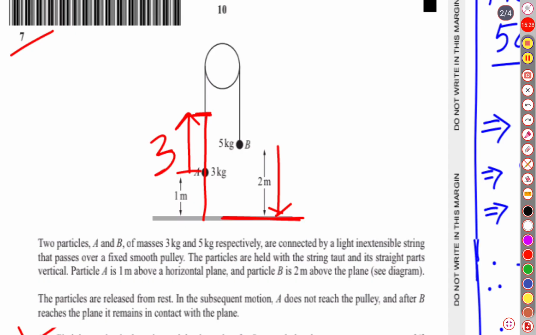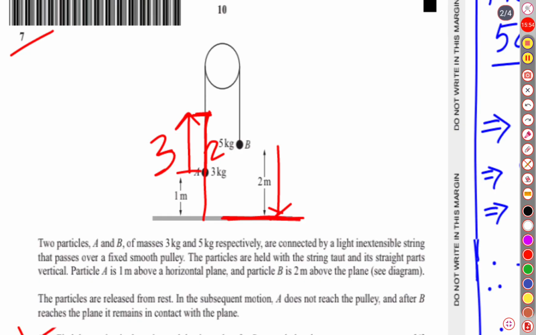Once again I am clarifying that when B reaches the plane, B has traveled 2 meters, and A has gone upward also 2 meters. A was already 1 meter above the plane or reference line, so for A it will be a total of 3 meters.